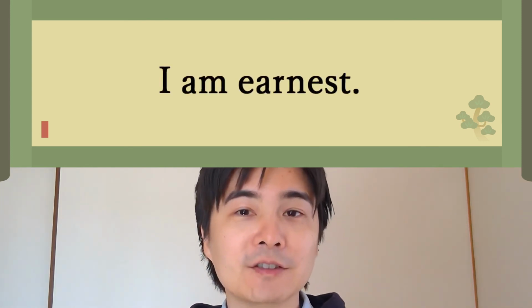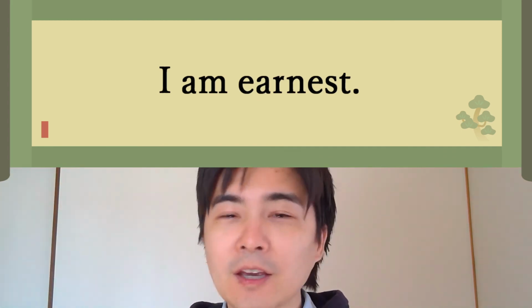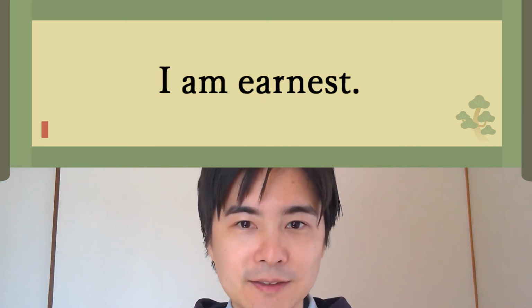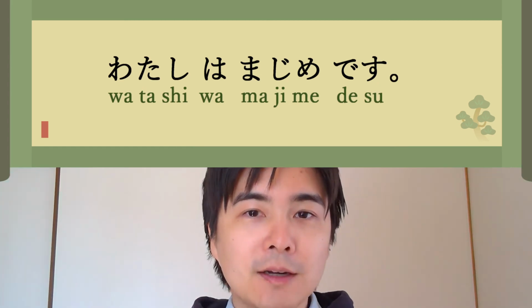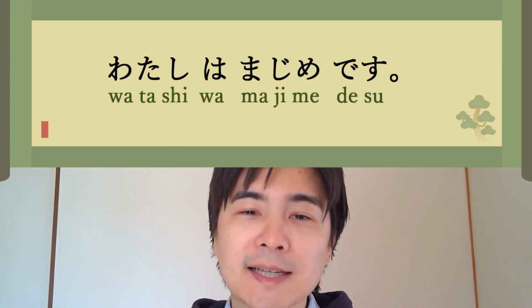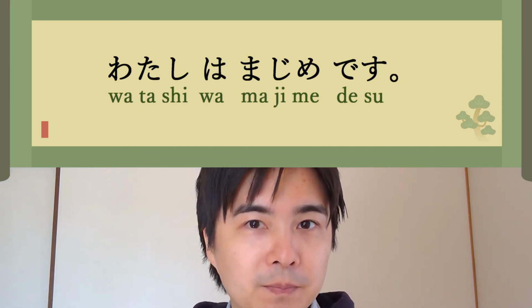Please translate this into Japanese. I am earnest. If you want to think for a while, please stop this video. The answer is 私は真面目です。真面目な is a Na-adjective meaning earnest.